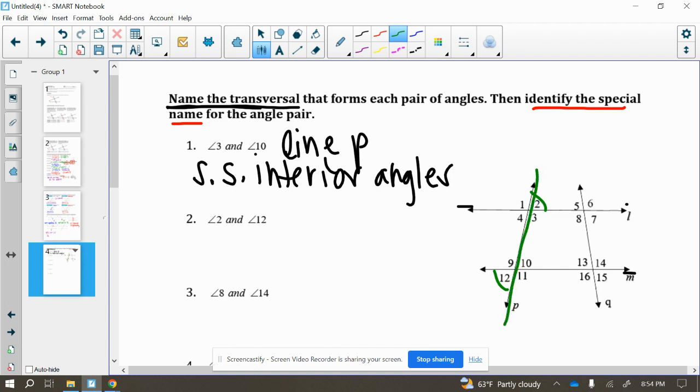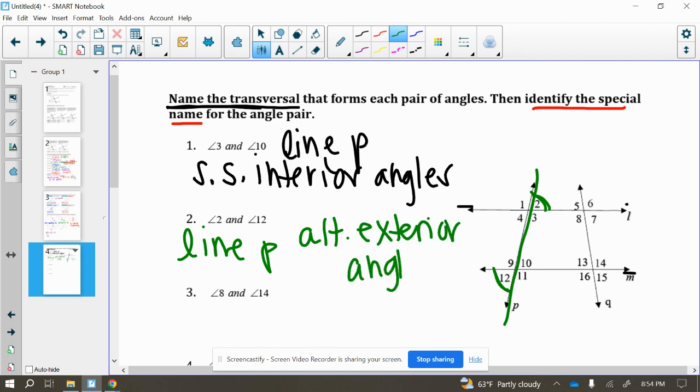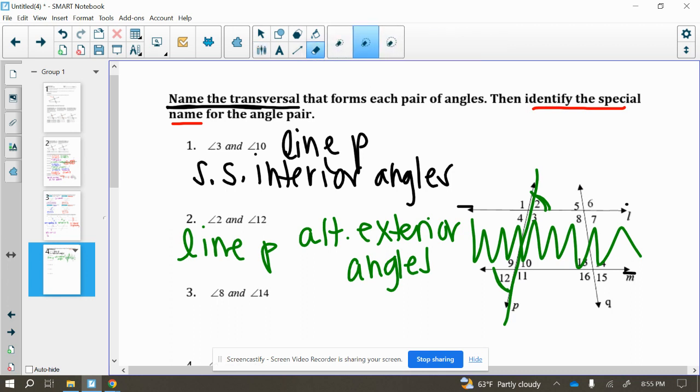Again, our transversal is going to be line P. Angle 2 and angle 12 are going to be our alternate exterior angles because they're on opposite sides of the transversal and they're on the outside of our two lines going through.